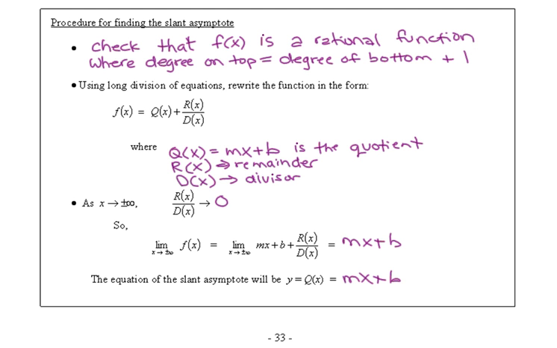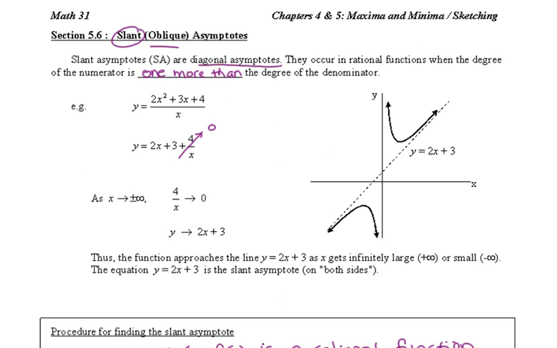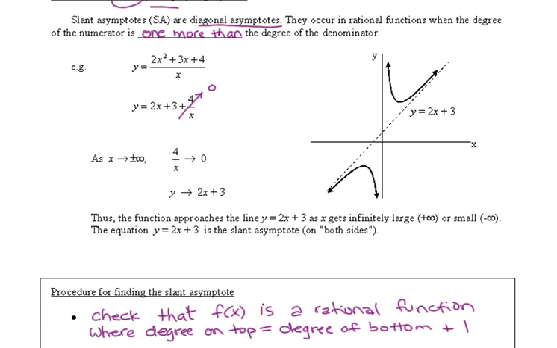When we rewrite it in this form, like we did here, this is q of x plus the remainder over our divisor. We divided everybody by x, and the remainder is 4. This will approach 0, and this is going to be our mx plus b. As long as it's 1 degree more on top, this will always be an x, and this will always be the constant once we divide.